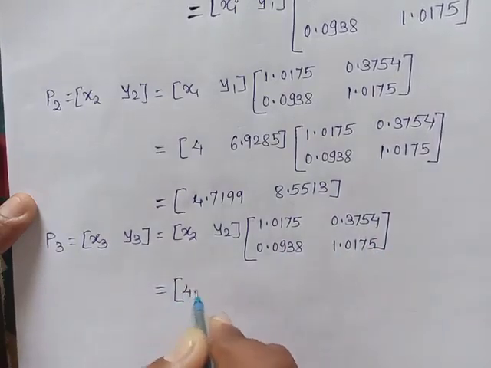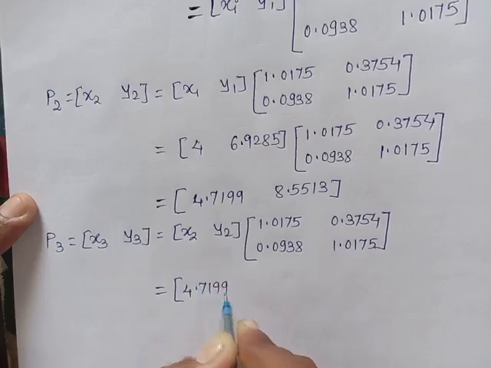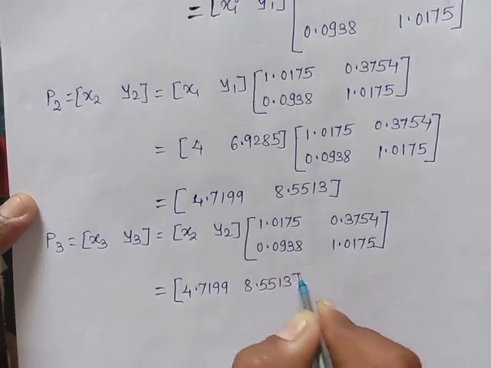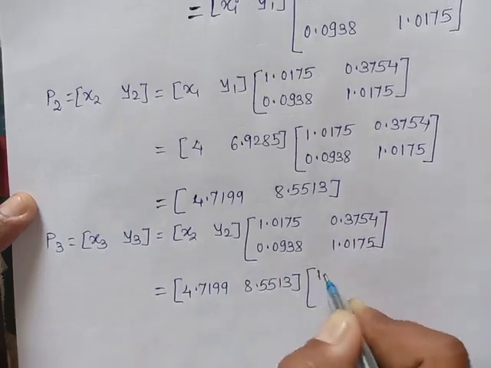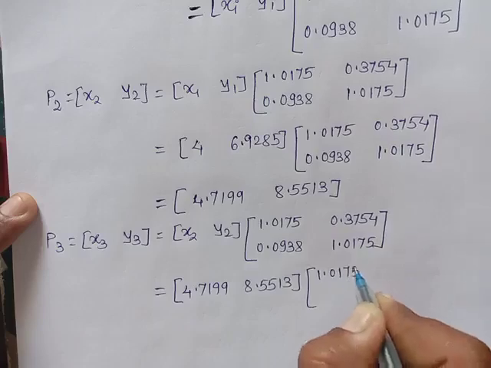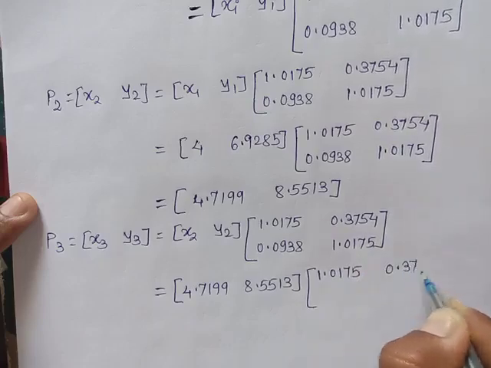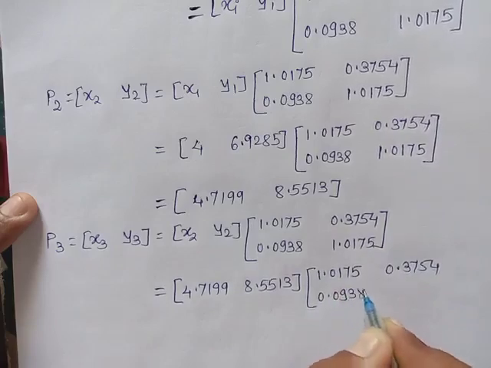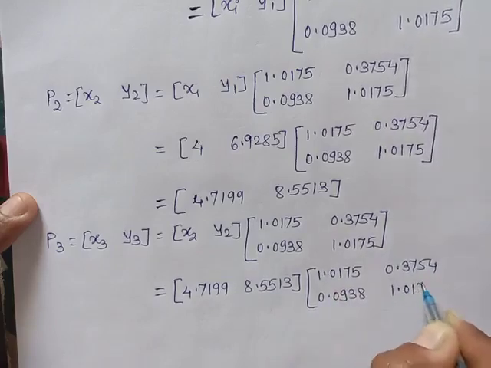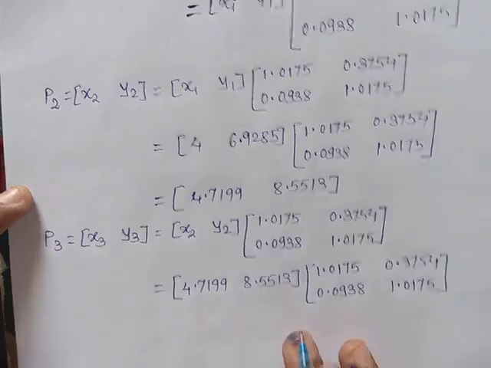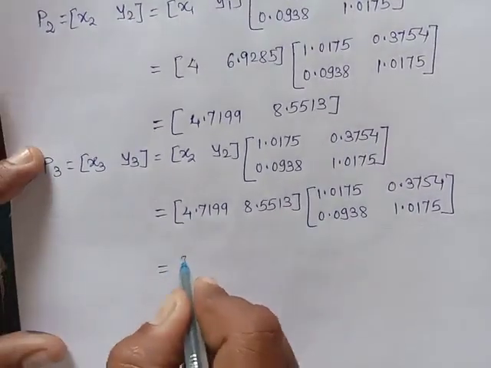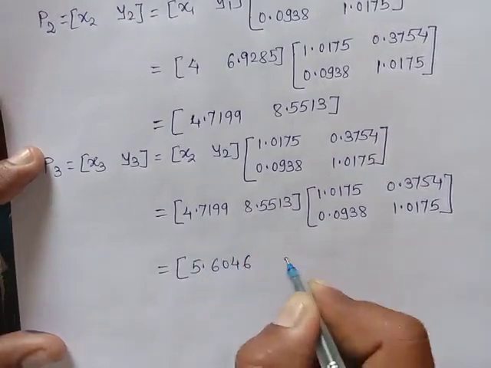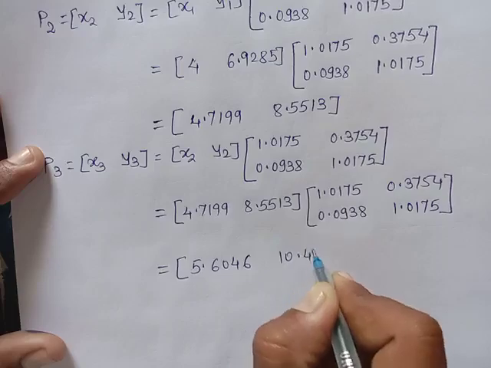So 4.7199, 8.5513 into 1.0175, 0.3754, 0.0938 and 1.0175. What do we get? It is 5.6046 and 10.4728.